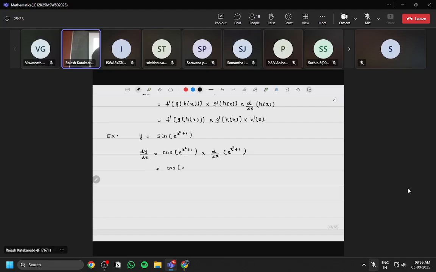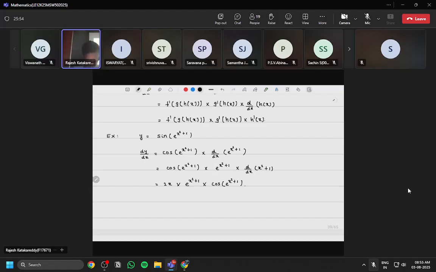Cos of e power x square plus 1 into e power x square plus 1 into d by dx of x square plus 1, which we know very well. Now we get 2x into e power x square plus 1 into cos of e to the power x square plus 1 as the derivative. Clear? So this one is the basic thing.